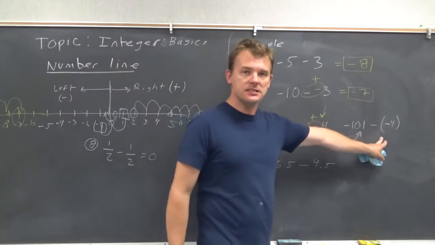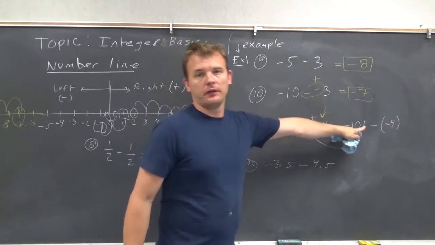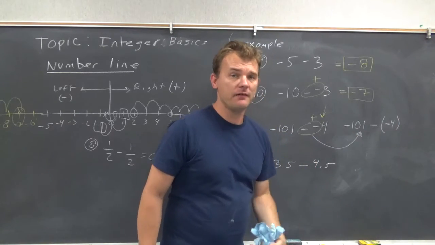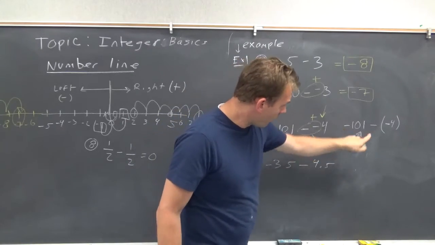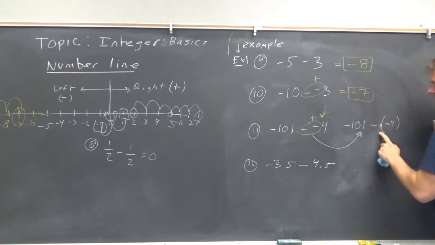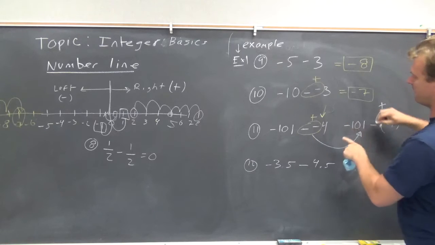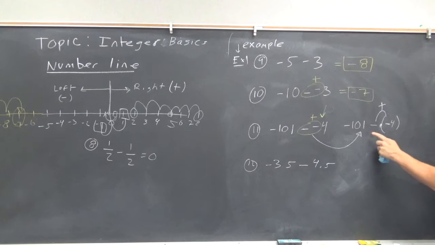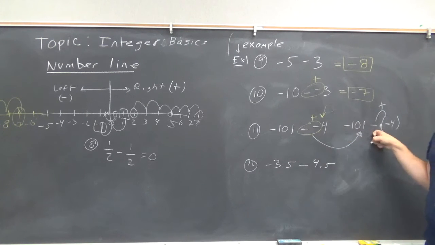I don't care which way you go, but I prefer this way because it's more logical the more you go into math. You see this a lot more than this. Anyway, a negative times a negative is a positive. So this becomes positive. This is why this works here. I will get more practice with you on this, but just remember this is very similar to this if you had this before.